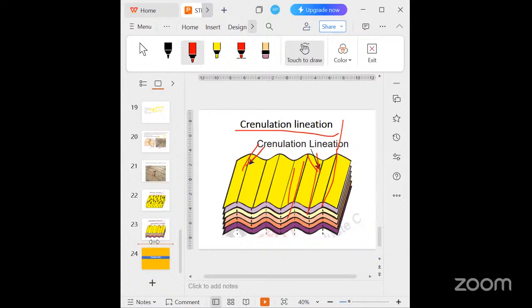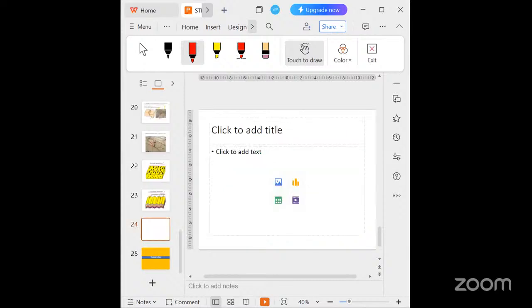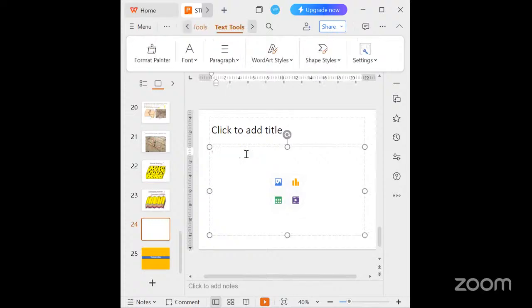The last one is folds and falls. Folds, folds and falls. So what is the difference between folds and falls?